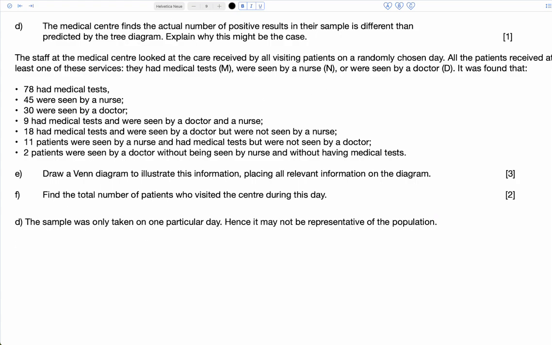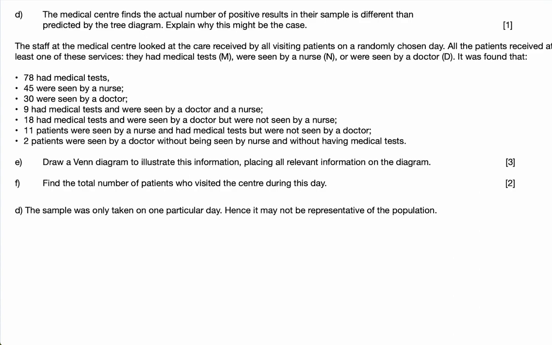I'm typing, guys, because it's easier for me to do. Okay, that's 1 mark, part D. Part E, it wants me to draw a Venn diagram to illustrate this information, placing all relevant information on the diagram. We just need to be careful. So I can read this.